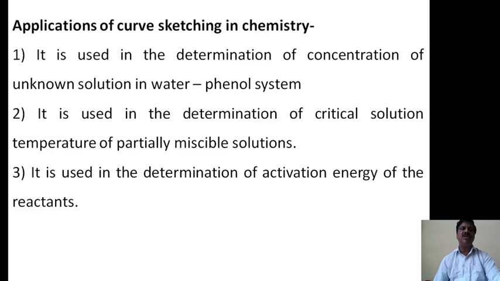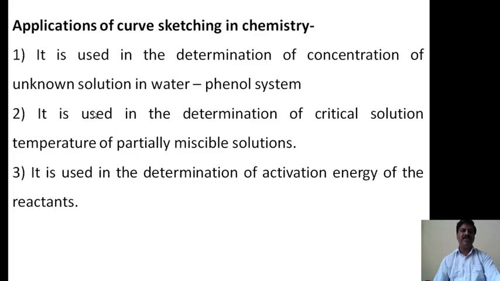As the concentration increases, the miscibility temperature also increases, and we will get a straight line curve. Then we take an unknown mixture of sodium chloride in the water phenol system, and by knowing the miscibility temperature we can calculate the percentage of sodium chloride present in the water phenol system by the miscibility temperature method.